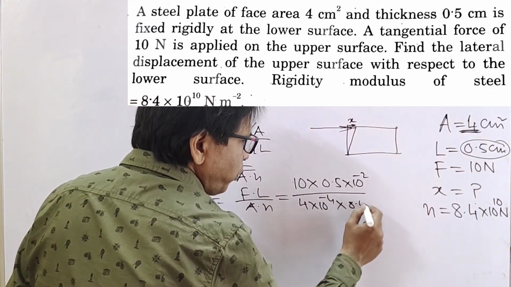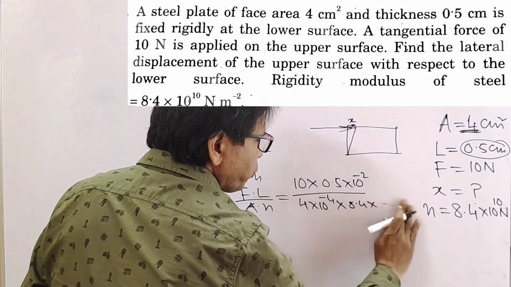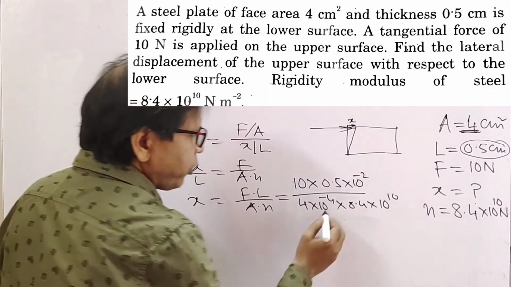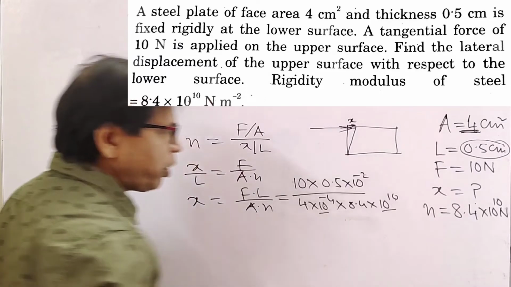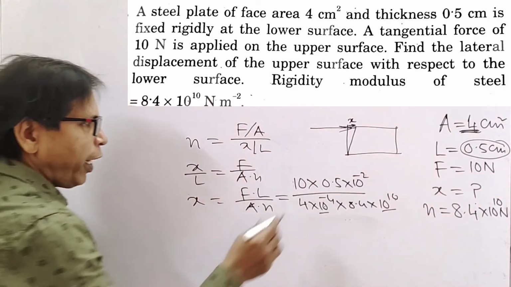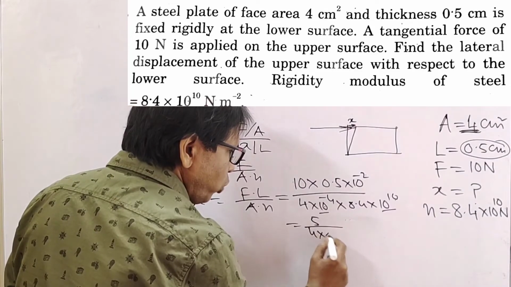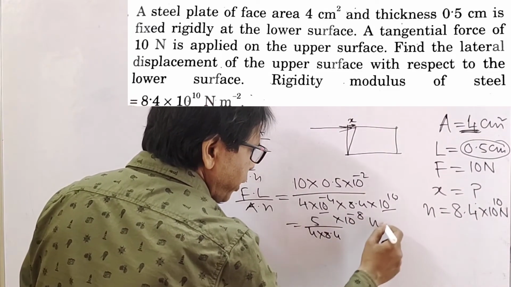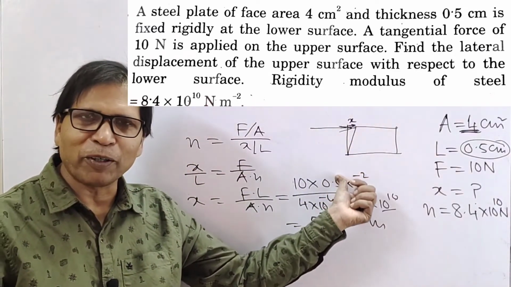N is 8.4 into 10 to the power 10. Okay, now look at this, this is 10 to the power 6. This means 10 to the power 6, and so this becomes 5 by 4 into 8.4 into 10 to the power minus 8 meter is the displacement of the top surface with respect to the bottom.